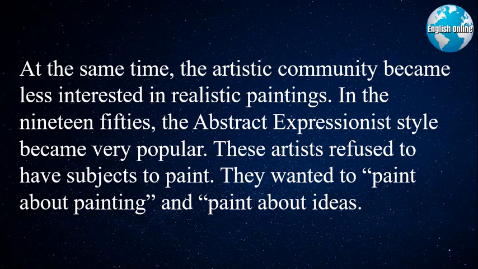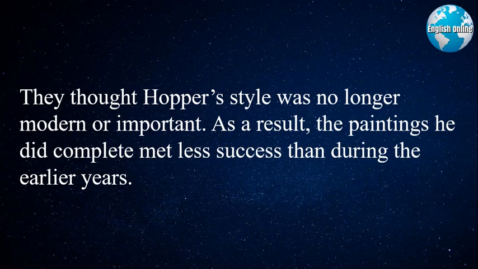In the 1950s, the abstract expressionist style became very popular. These artists refused to have subjects to paint. They wanted to paint about painting and paint about ideas. They thought Hopper's style was no longer modern or important. As a result, the paintings he did complete met less success than during the earlier years.